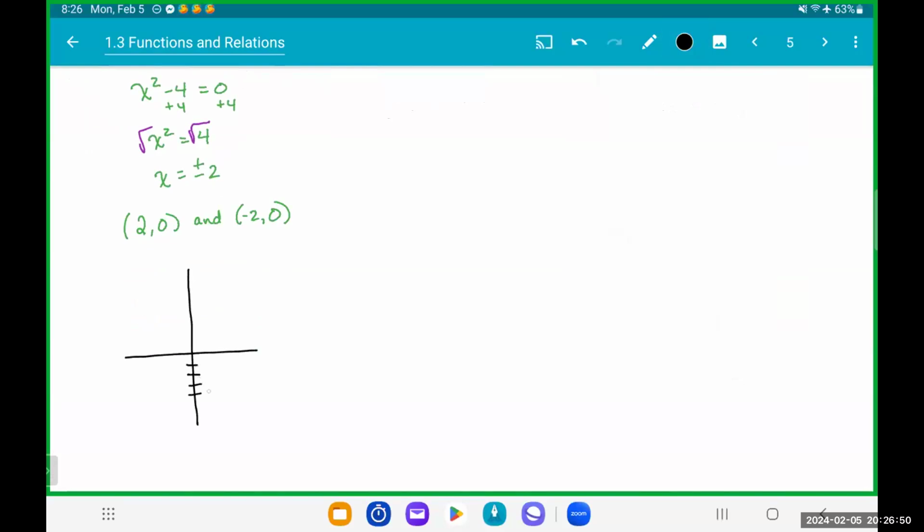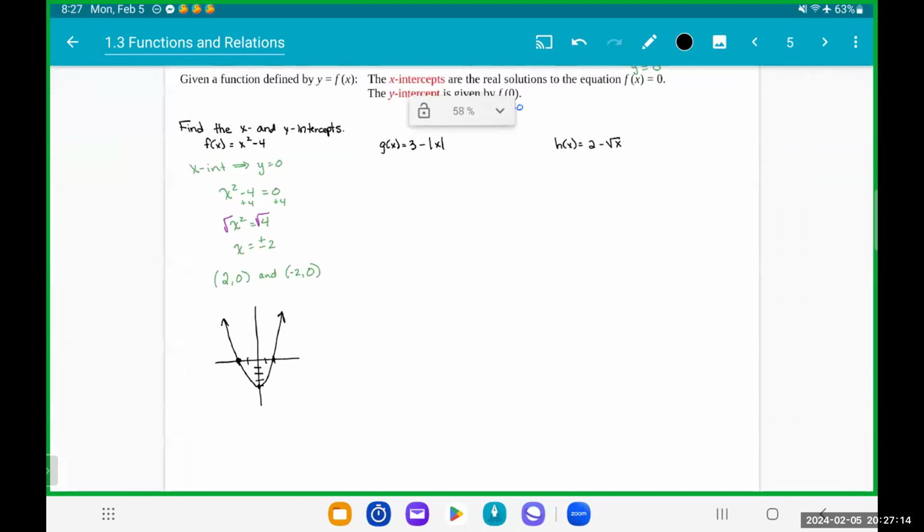One, two, three, 4. So this is here and 1, 2, 1, 2. So it's saying that we cross at negative 2, 0, and positive 2, 0. So that's what that graph looks like. Okay.